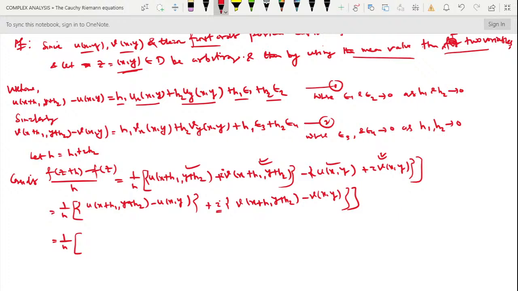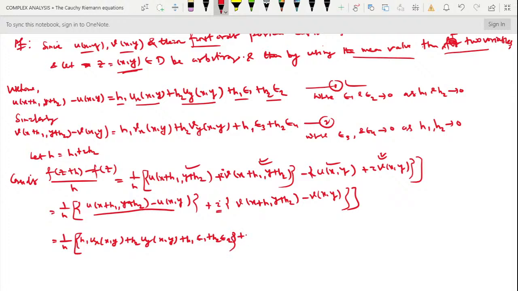Already in equation 1 this value is given, so put that value: h1 ux at (x, y) plus s2 uy at (x, y) plus h1 epsilon 1 plus s2 epsilon 2.